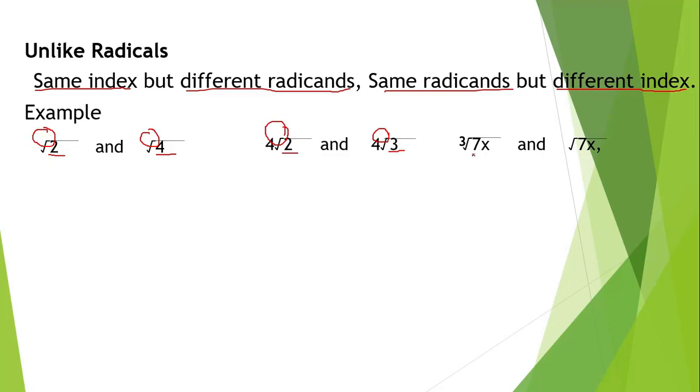So, as you can see, magkapareho ang kanilang radicands, but magkaiba ang kanilang index of the radicals. So, this is the example of unlike radicals.